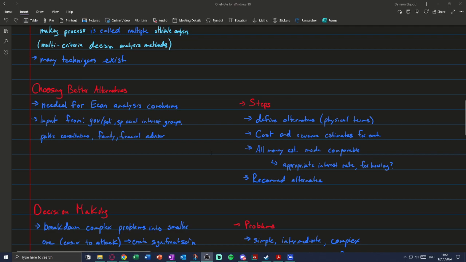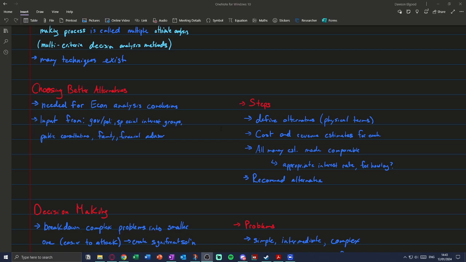So when it comes to choosing better alternatives, the steps you need to take: you need to define what the alternatives are in physical terms. So what are the options that we're dealing with here? So what's going to be the cost and the revenue estimates for each? Maybe you're going to get in a situation where it's going to cost a lot of money to build, but you're going to make even more. So you have to evaluate which one's going to be the best for you. And then you also need to make all the money estimates comparable.